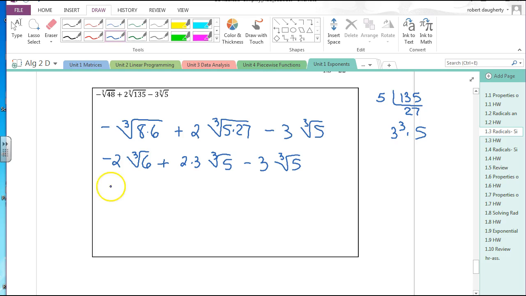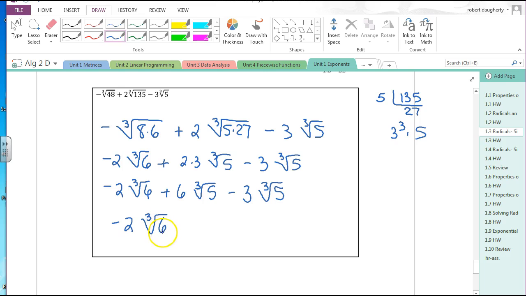So this is negative 2 cube root of 6 plus what? 6 cube root of 5 minus 3 cube root of 5. Now what can be combined? Yeah, the 6 minus 3 is what? 3. So this is negative 2 cube root of 6 plus 3 cube root of 5. That's as far as we go.